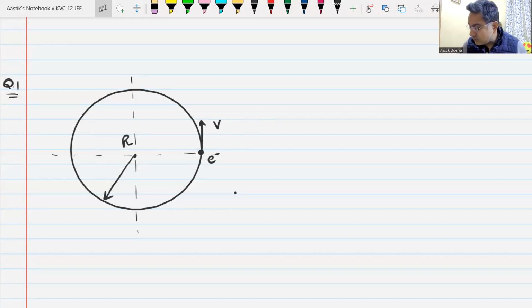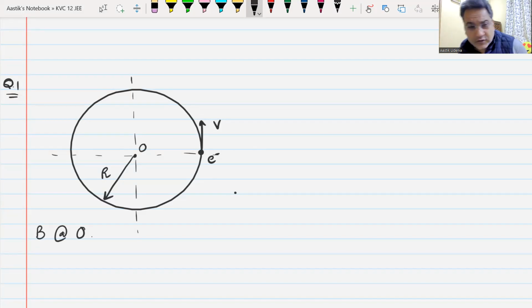What you have to find out is the magnetic field created at the point O because of this moving charge. I'll give you 2 minutes to think about this. Try to solve this question in two different ways, and I hope we can make sense of these two ways. If you can do it on your own, nothing like it. Let me know once you're done.